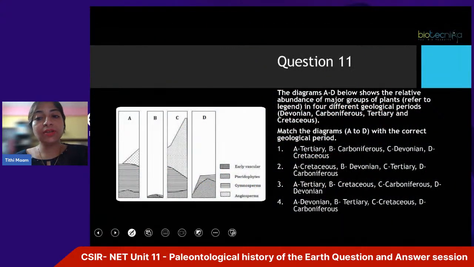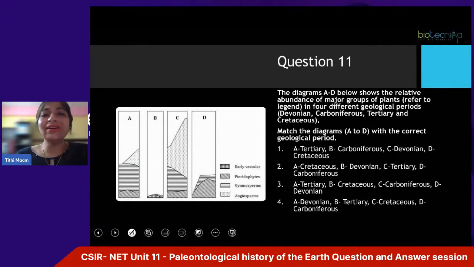This question is also about the plants. So this is given in a graphical format. Now here it not only checks whether you are aware of the geological timescales or not, it also checks how good you are at reading graphs.